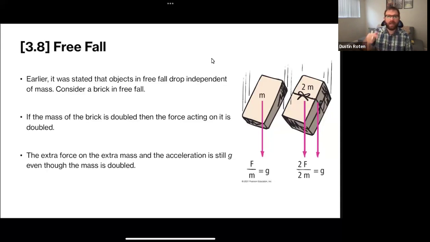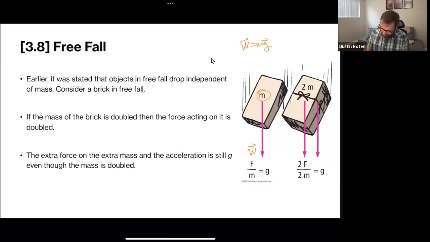If we first look at just a brick of mass m falling, we can calculate how it falls, right? The only thing acting on it is its weight, its force due to gravity. And we can rearrange this to calculate its acceleration.